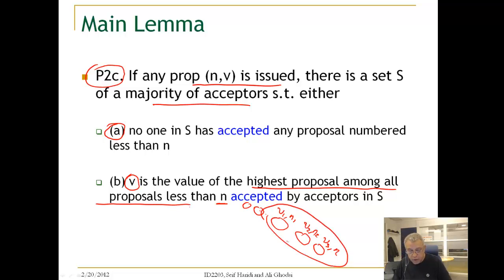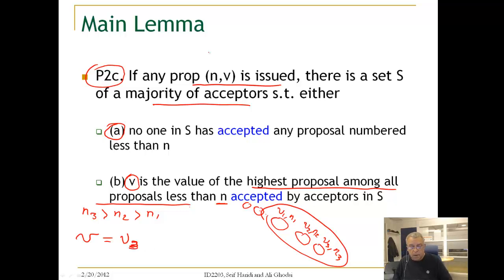We want to make sure that if some proposer proposes a value, it should be the value with the highest proposal number among this majority of acceptors. For example, if n3 is higher than n2, which is higher than n1, then you want v to be equal to v3.